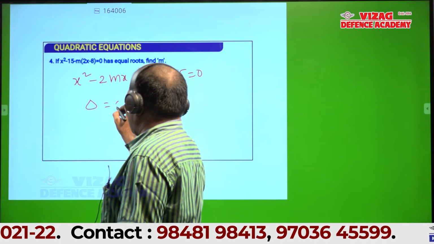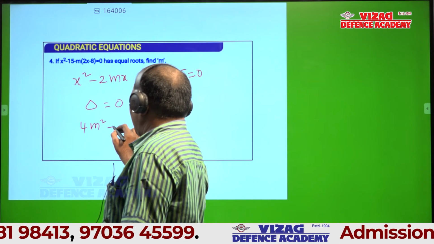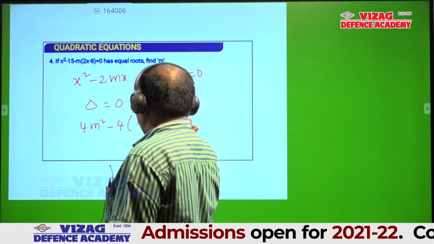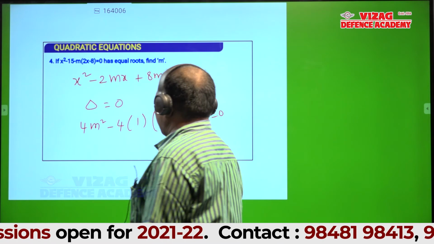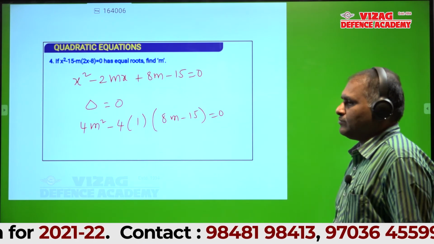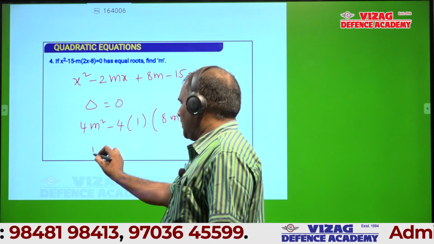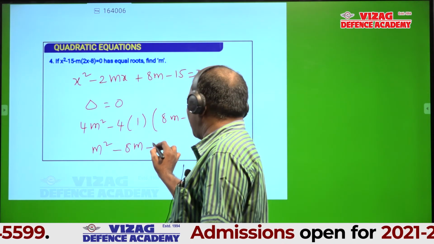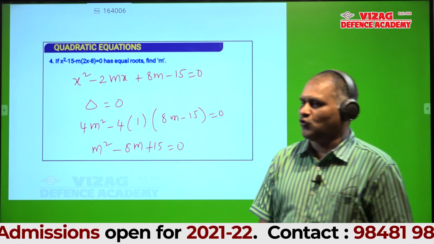Discriminant is equal to 0. 4m square minus 4, a value 1, c value 8m minus 15, is equal to 0. Entire 4 common. Here m square minus 8m plus 15 is equal to 0.